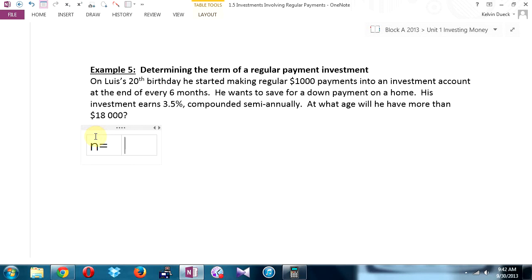I think the number of compound periods is what I'm trying to find. What's the interest rate? 3.5%. Present value, I think 0. It doesn't say that he started out with some money in the account already.